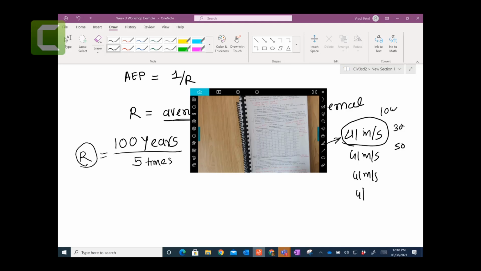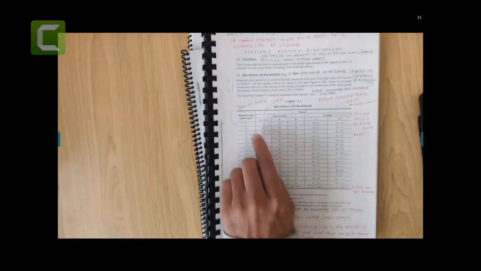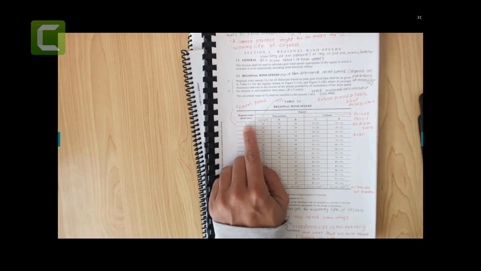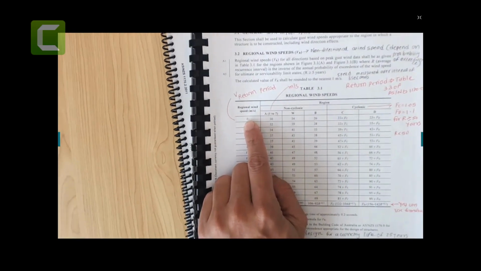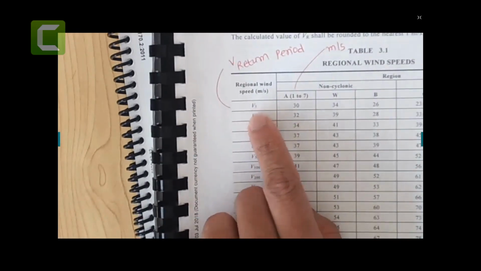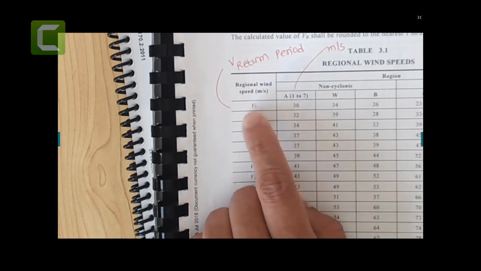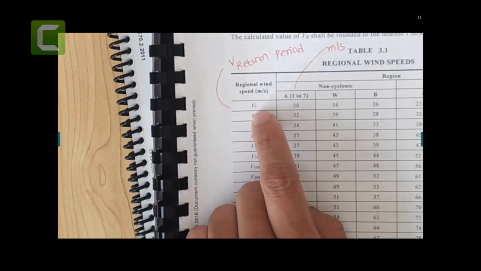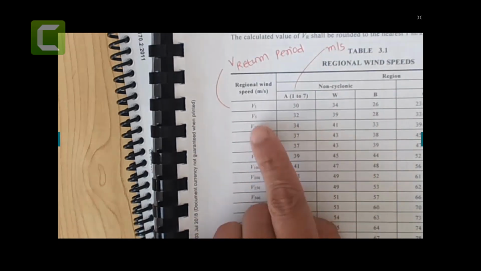So that is the representation of R. Let me go back and explain here. Let me zoom. That is better. For R equal to 1 year, 30 meters per second comes every year for regions 1 to 7.